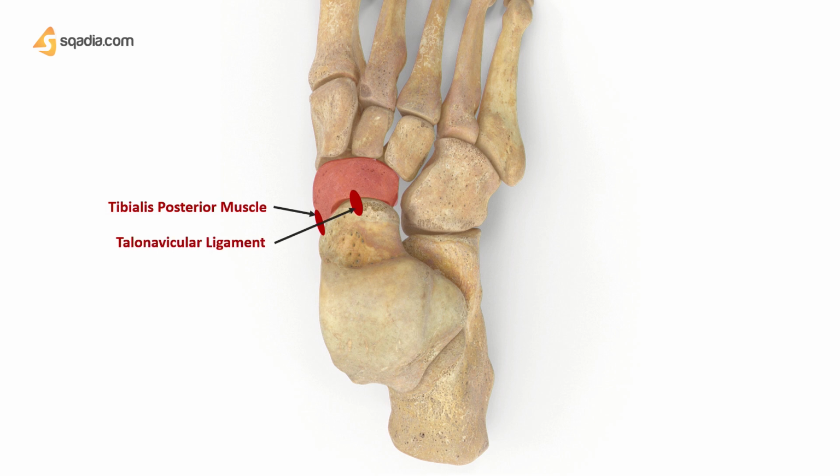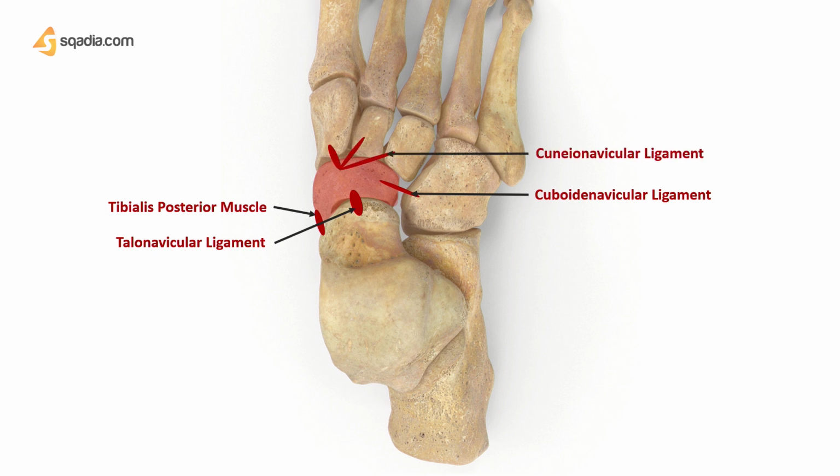Moving to the lateral side of the navicular bone, we can find the plantar and dorsal cuboideonavicular ligaments and the cuneonavicular ligaments that join the bone to the three cuneiform bones. The plantar calcaneo-navicular ligament is attached near the proximal aspect of this bone.